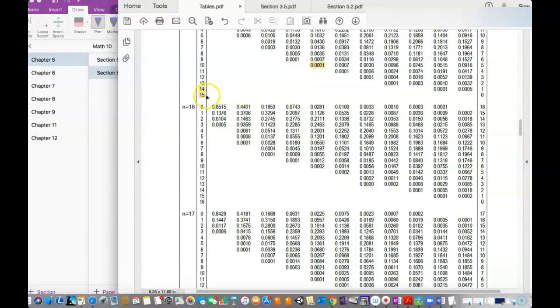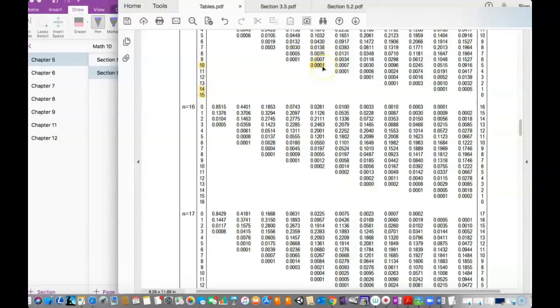So for x equal to 0, we have 0. For x equal to 1, we have 0. For x equal to 2, we have 0. And for 3, again, 0. And also for 4, we have 0. And this one is for n equal to 5, because here is 0, 1, 2, 3, 4, 5.